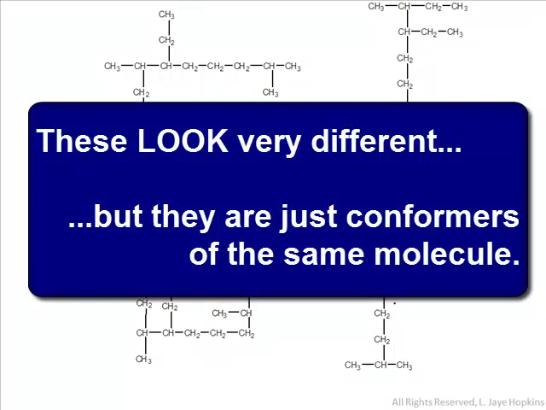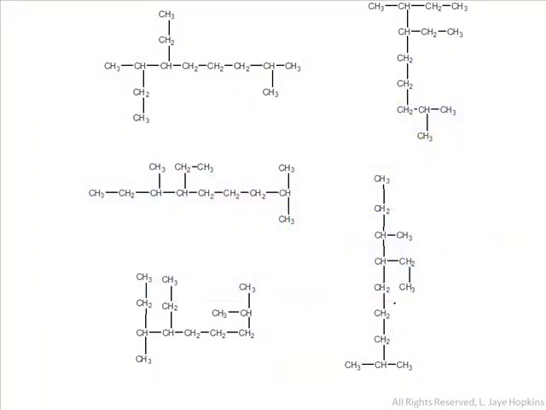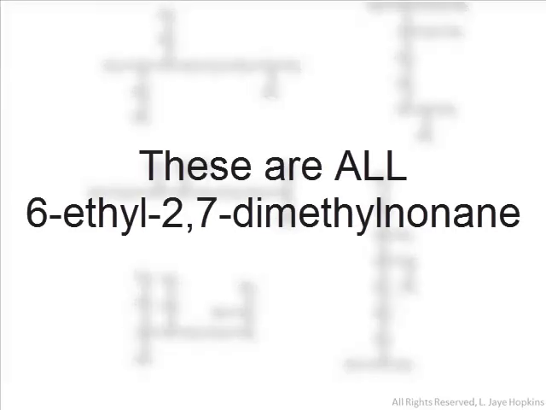If you were to look at any one of these and use IUPAC nomenclature to name it, by following the rules of always finding the longest chain, always numbering so you get the lowest positions for your branches, you should end up with the exact same answer. And that's one of the reasons that IUPAC nomenclature is so powerful. It allows us to take molecules that might be written in wildly different ways and still determine that they're actually the exact same molecule.